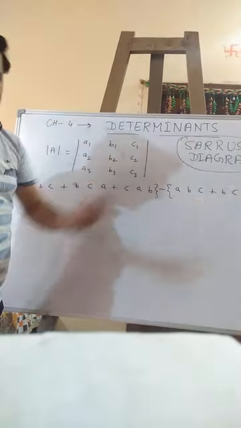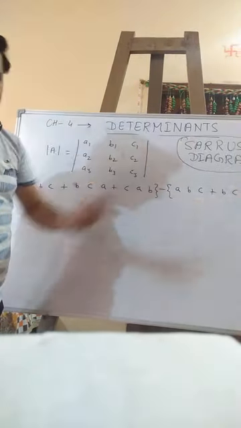This is the first term. Since I change the order here, now I am writing B, C, A here. So write here A1, A2, A3 outside, and B1, B2, B3 outside. Repeat the same pattern.